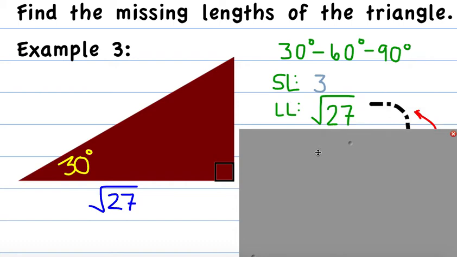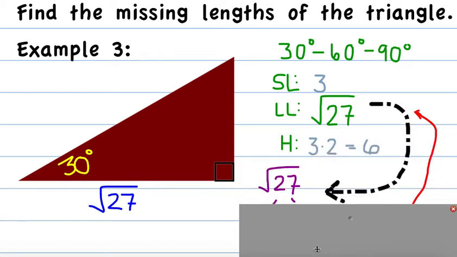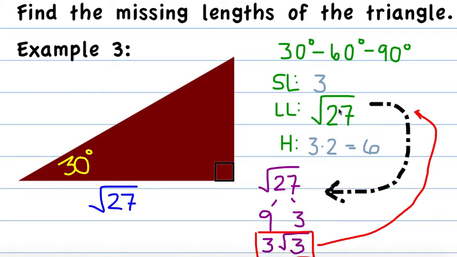So 27 can be broken into 9 and 3, and 9 is a perfect square, and so 3 will remain underneath the radical sign, so we'll have 3 times the square root of 3.